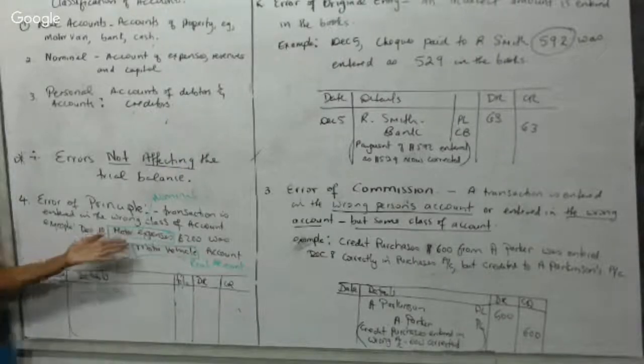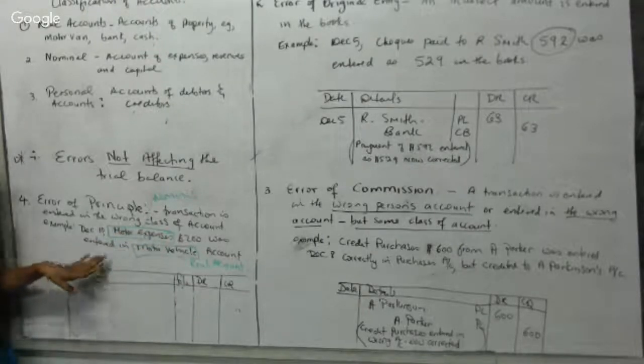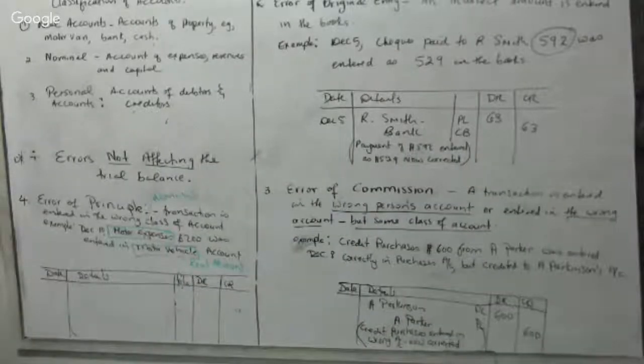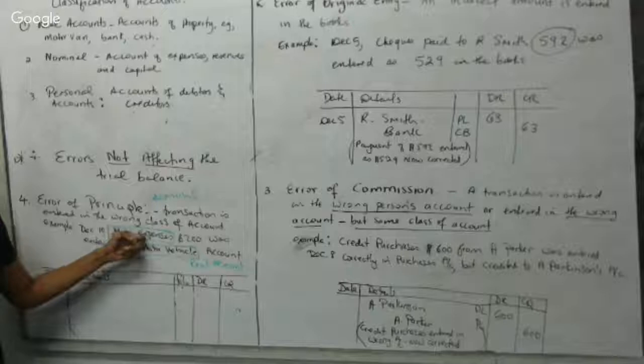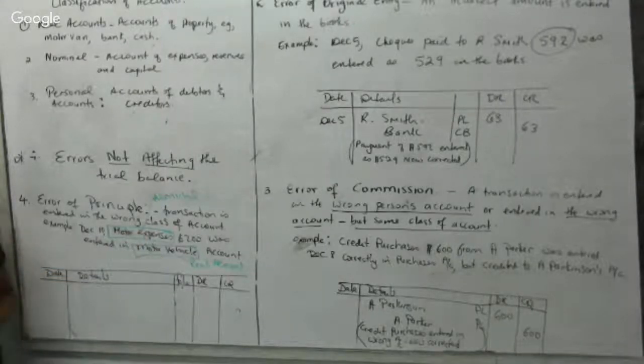Now, usually if you're going to pay motor expenses, you're going to debit motor expenses, right? Don't worry about what you pay with. Whether you pay with cash or check, that part of the entry was fine, it was credited. But when the debit entry was to be made to motor expenses, instead of debiting motor expenses, you debited the motor vehicle account.